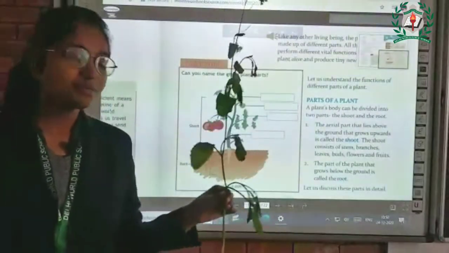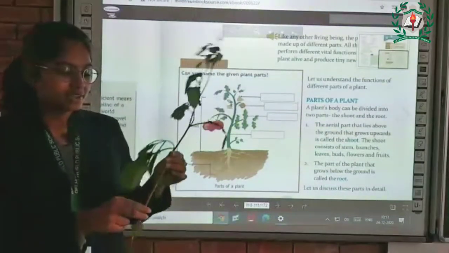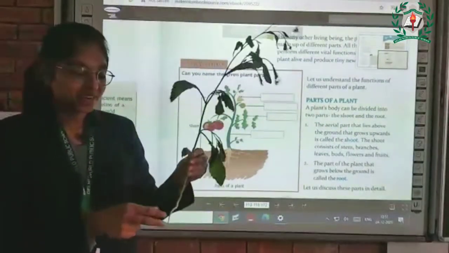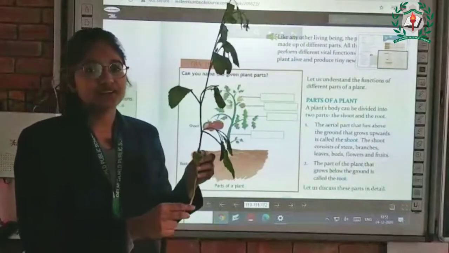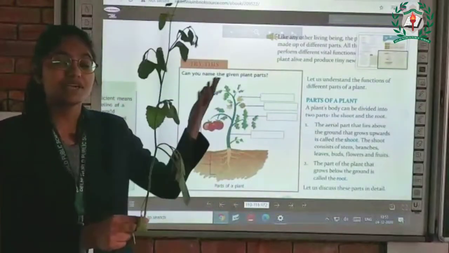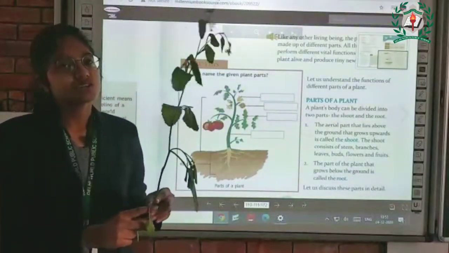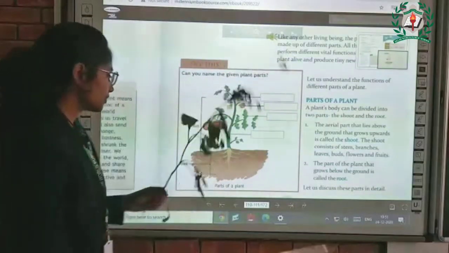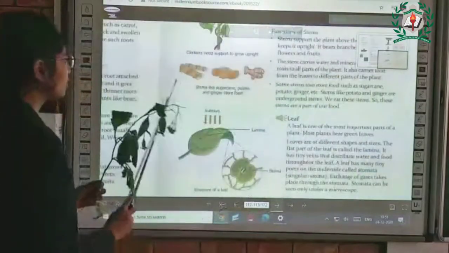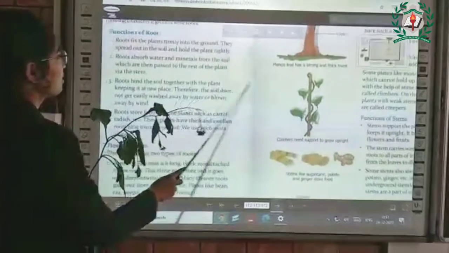So these are the parts of plants, and I told you that the part which remains under the ground is the root, and the part which remains above the ground is the shoot. So next we will study about the roots.